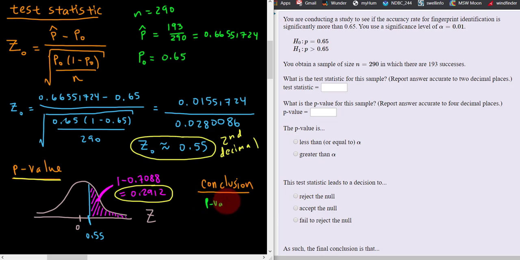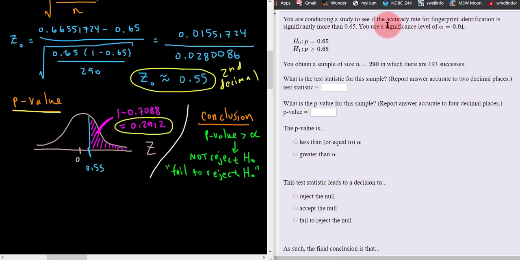Well, it's 0.29. So our p-value is bigger or greater than alpha. So our conclusion will be to not reject the null hypothesis, aka we are going to fail to reject the null hypothesis. That's how the homework has it stated.